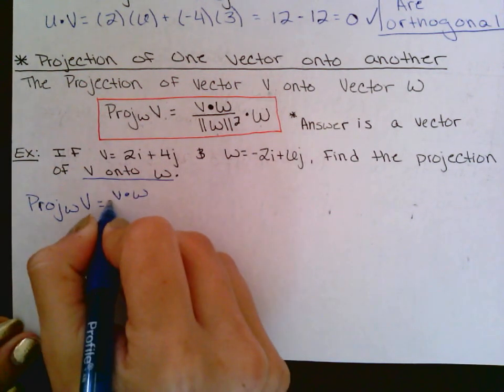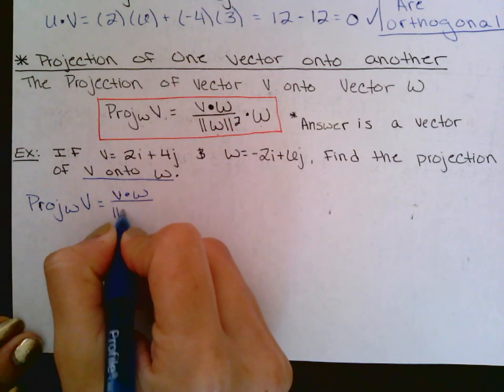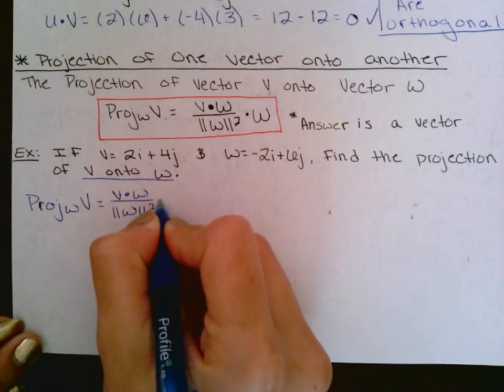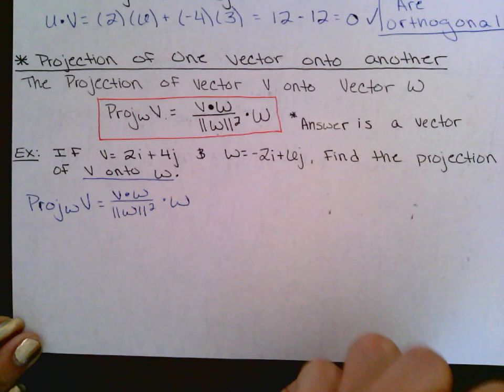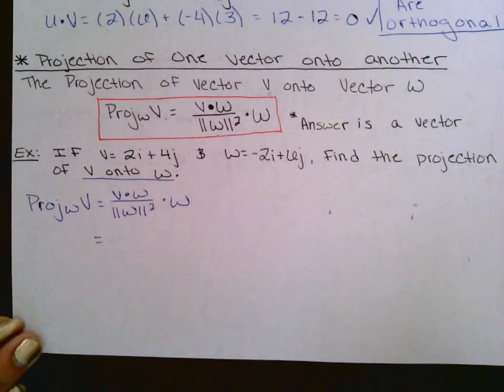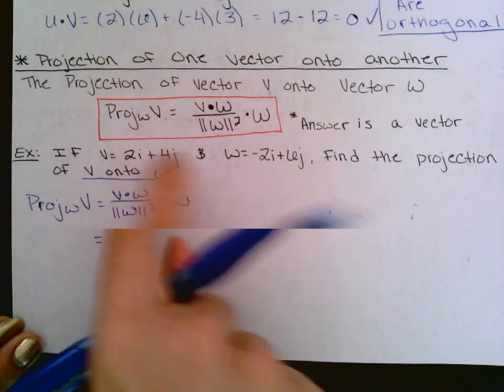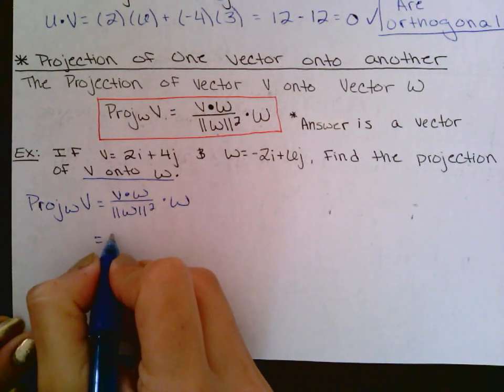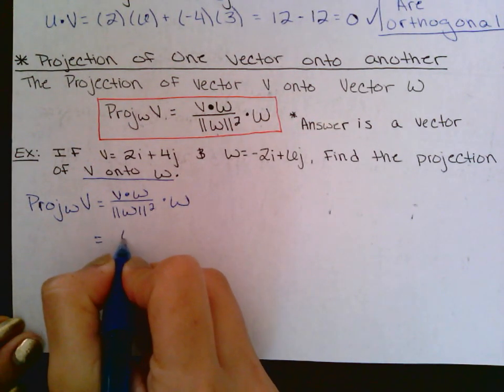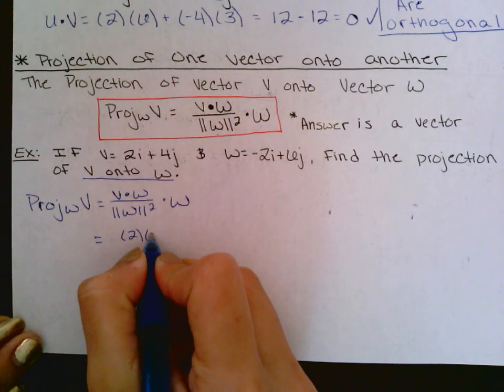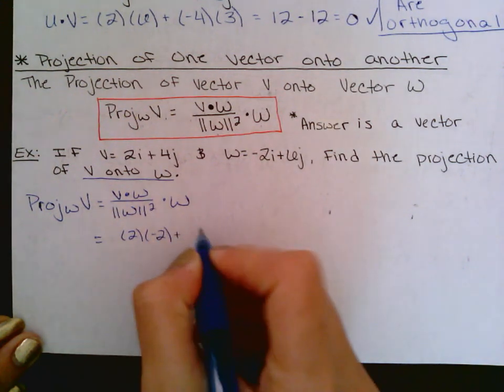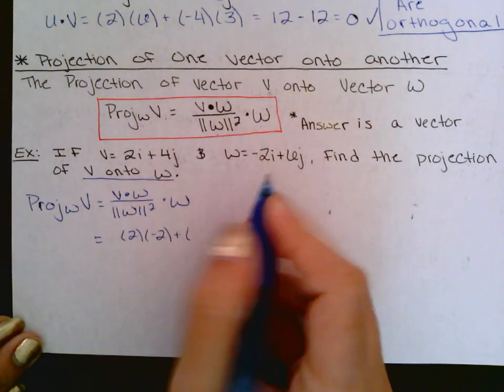V dot w over magnitude of w squared times vector w. Okay? So now the dot product of v and w, I'm going to multiply the two numbers in front of the i's, add them with the numbers in front of the j's being multiplied.